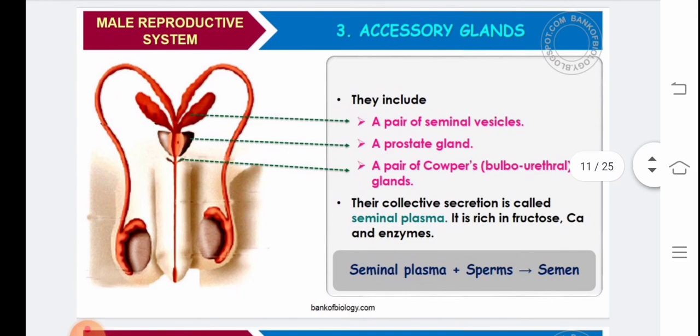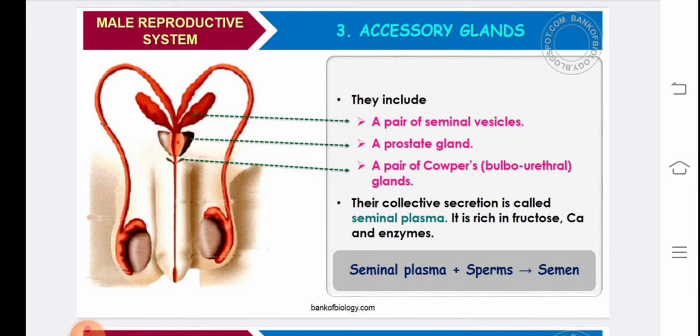So next is about accessory glands. There are 3 important accessory glands. They are prostate gland, seminal vesicle, and Cowper's gland. Here in this picture, you can see these three glands. The Cowper's gland is also called as bulbourethral gland.